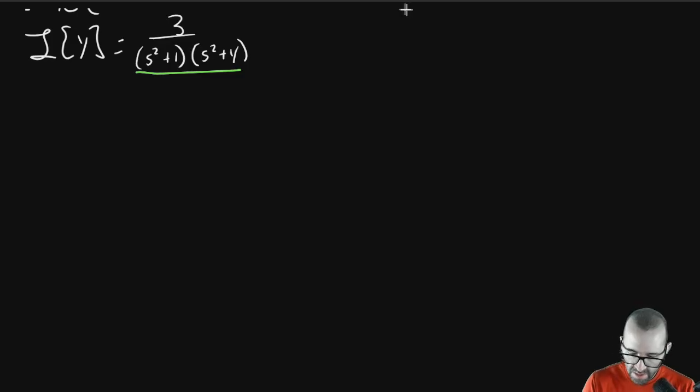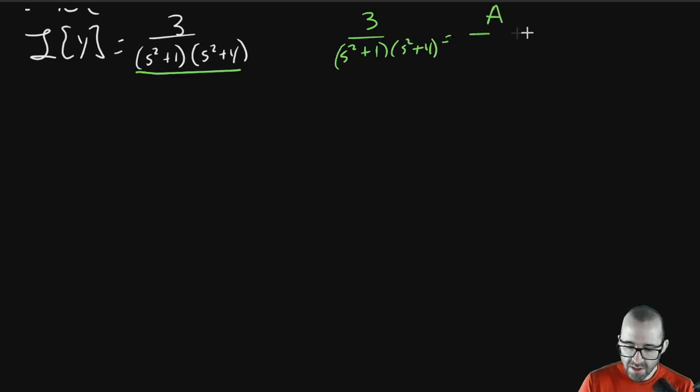What is this? We're going to say, okay, 3 over s squared plus 1 times s squared plus 4 is going to be some constant. Oh, not just some constant. Remember, if there's a quadratic in the denominator, it makes your partial fractions more exciting. Hooray, we get something more exciting.